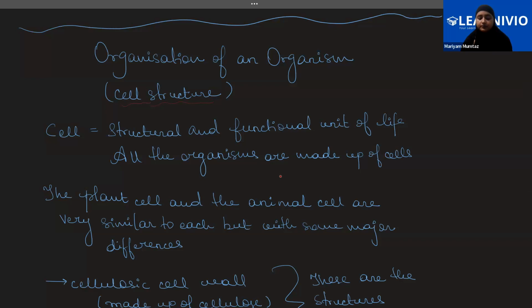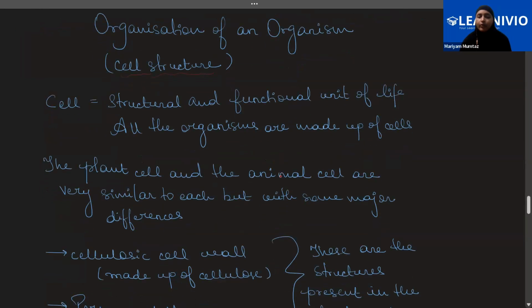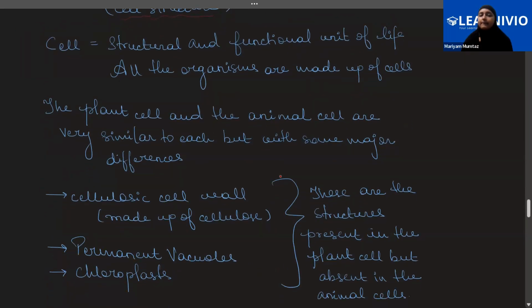Clear? Okay, so talking about the cell, a very definitive line for the cell is that it is the structural and functional unit of life. Meaning, if any organism does not have a cell present in its body, then that organism will not be counted as living.